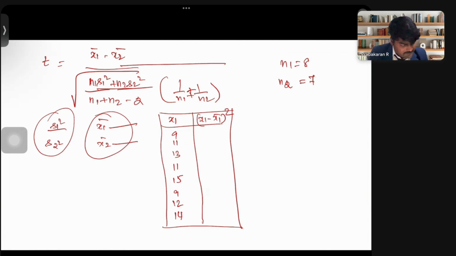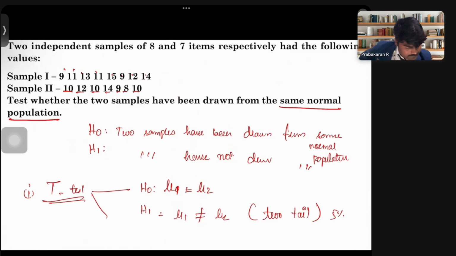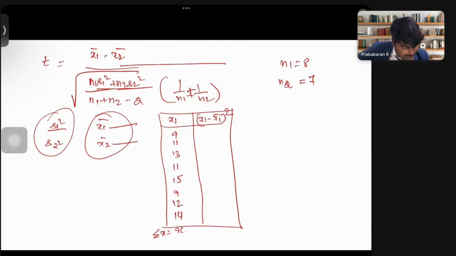So the sum, the summation of x, the sum of all these values, comes to 94. So the average value is going to be 94 by 8, that comes to 11.75.